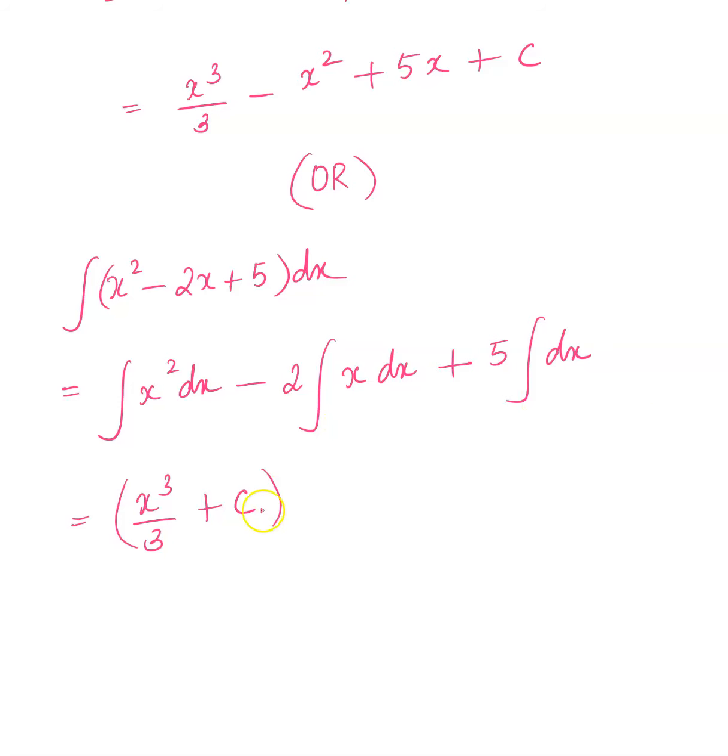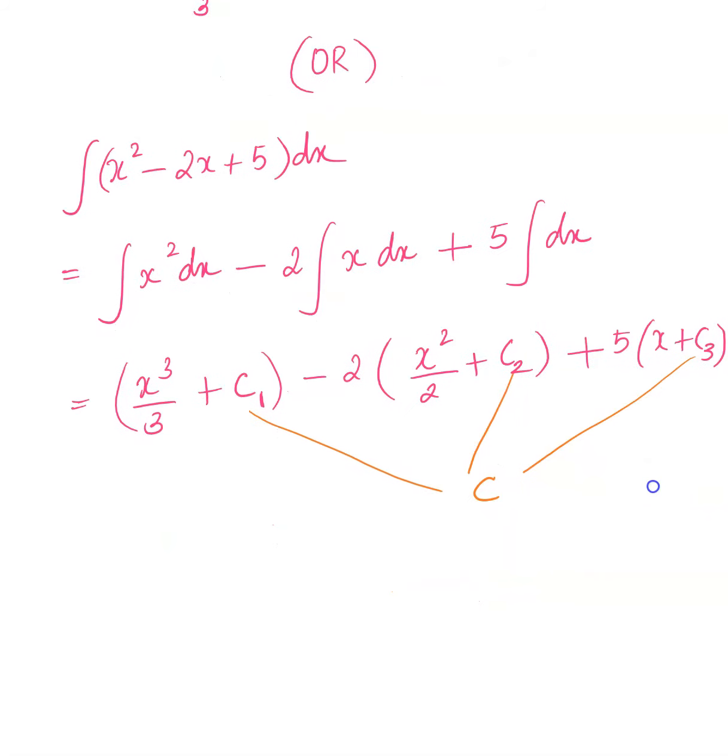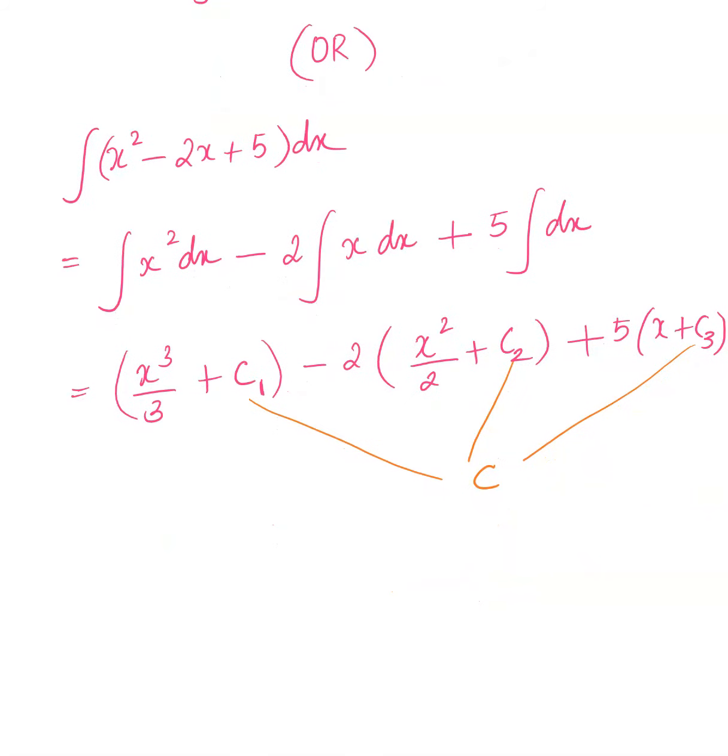There are going to be many c's, so I'm going to call this c1, minus 2 times x squared over 2 plus c2, plus 5 times x plus c3. But notice c1, c2, c3, if you combine all of these, you'll get another constant, isn't it? I might as well call it a c.